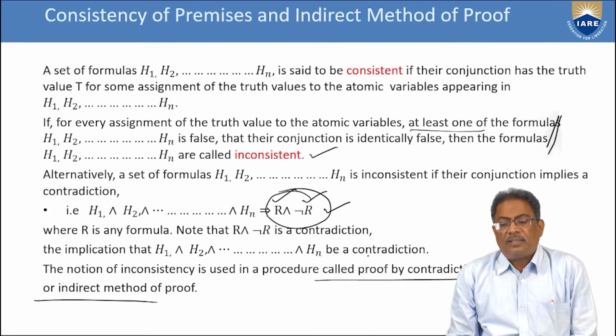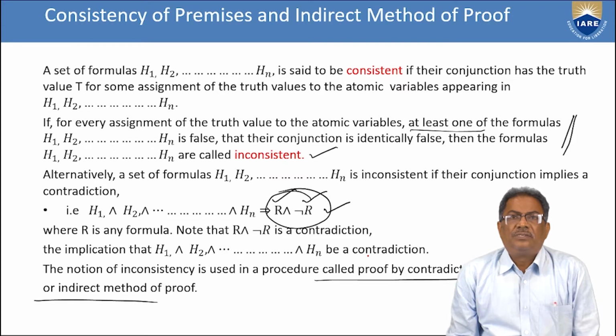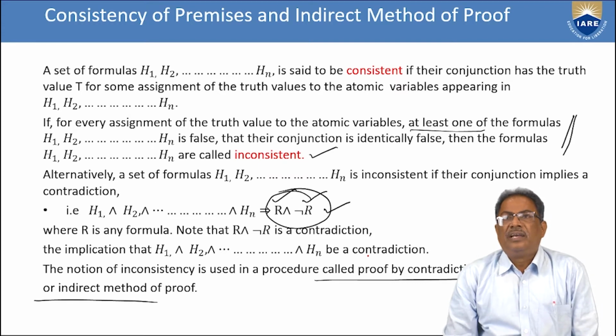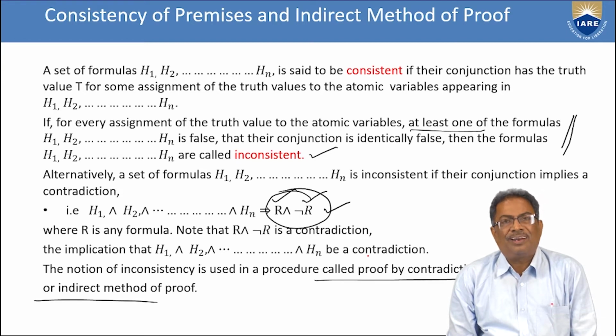Now, let us generalize this concept. The set of formulas H1, H2 and so on, Hn is said to be consistent if their conjunction has the truth value T for some assignment of truth values to the atomic variables appearing in H1, H2 and so on, Hn.